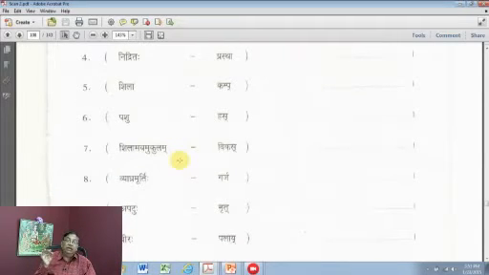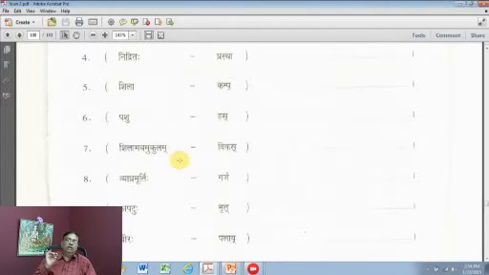Silamaya mukulena na vikasyate. That is, a stony bud doesn't blossom. If a bud is made of stone, does it blossom? So that is Silamaya mukulam. Mukulam means bud here.